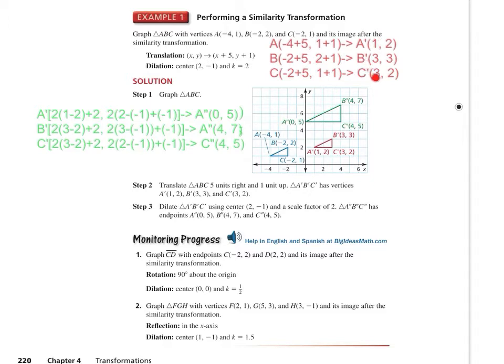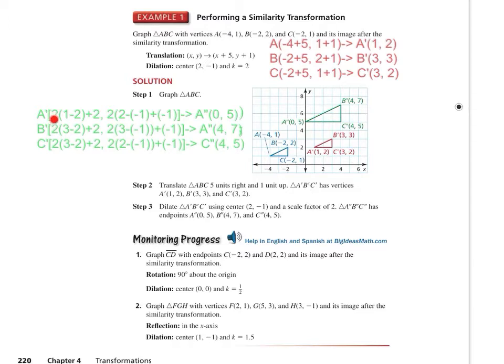Then we take these image values for A prime, B prime, C prime and plug these numbers into the next transformation, which, remember, if it's a center not at the origin, it has to follow a special formula.